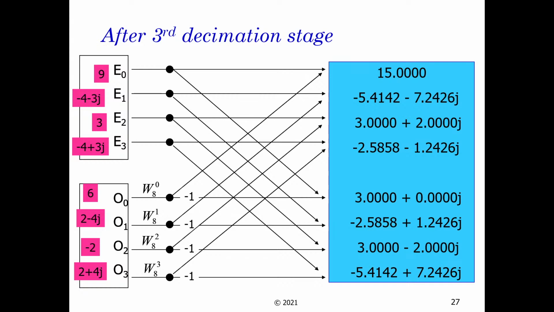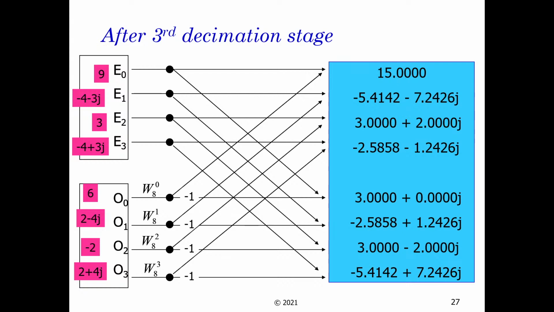Yes, the number of decimation stages is dependent on the number of elements in x of n. Remember, the algorithm we're using here for the FFT is the radix 2 FFT, and the starting point for the radix 2 FFT is that the sequence length must always be a power of 2. So if we went up to 16 points, that's 2 to the 4, and that index 4 represents the number of decimation stages you're going to be using.